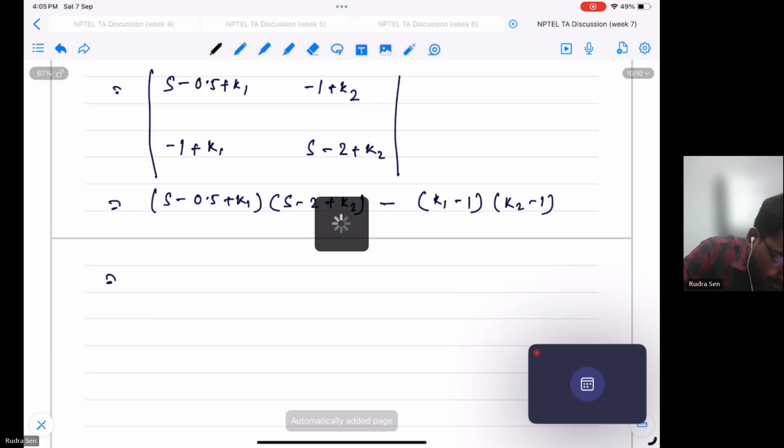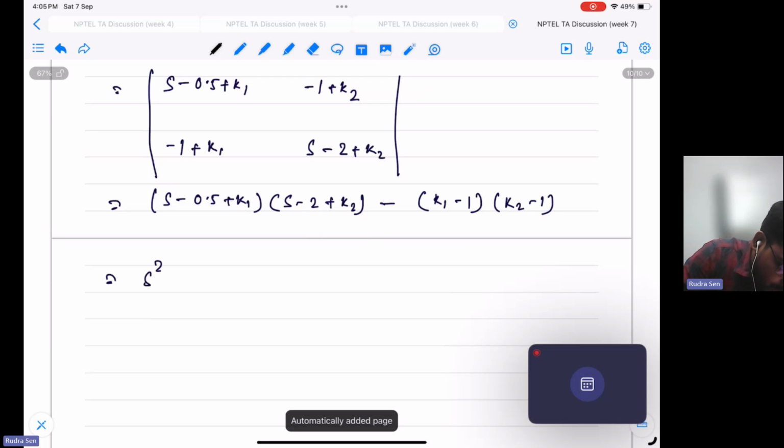So it is S square minus 2s minus 0.5s, which is minus 2.5s, plus K2 plus K1.